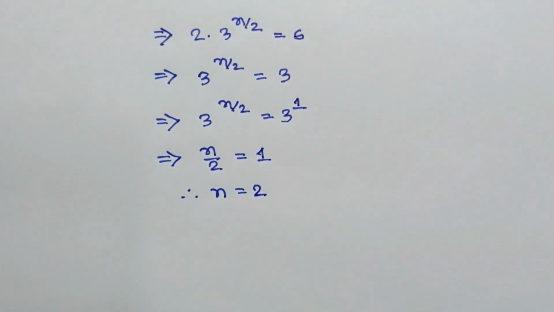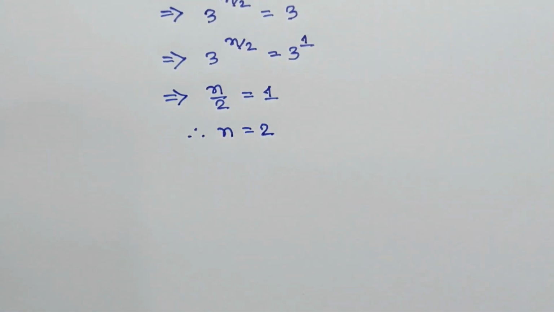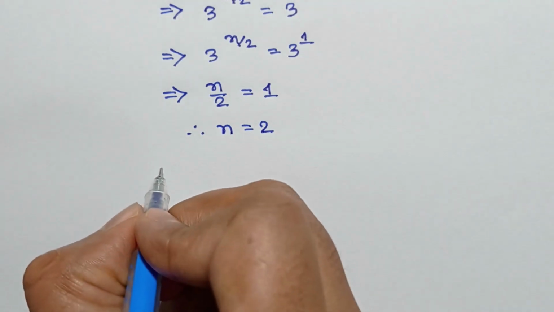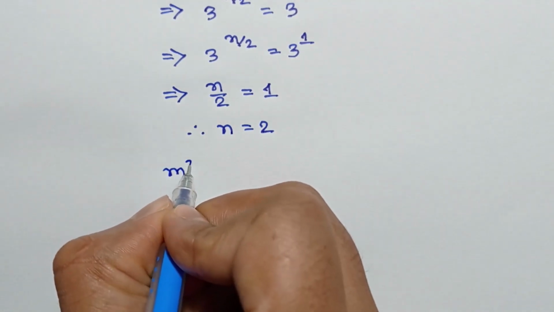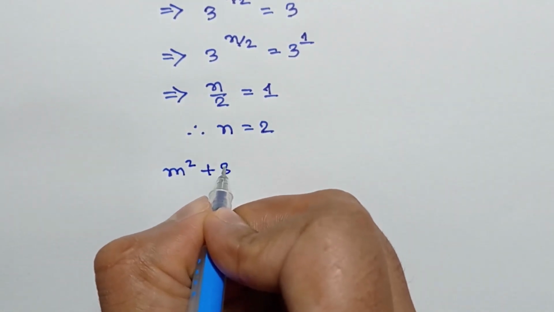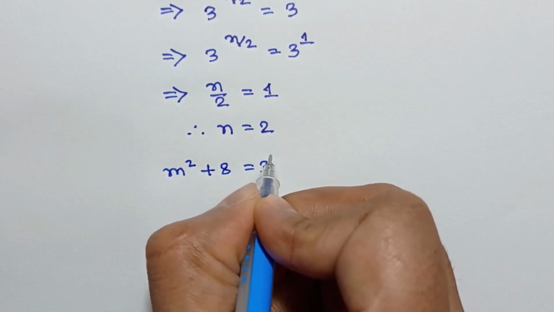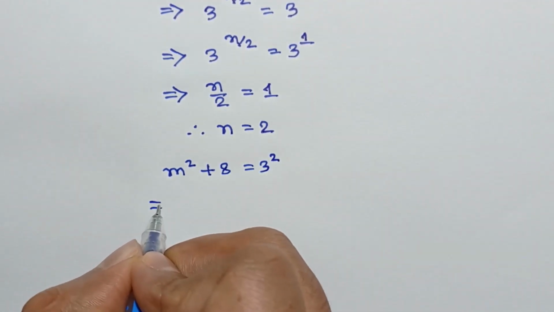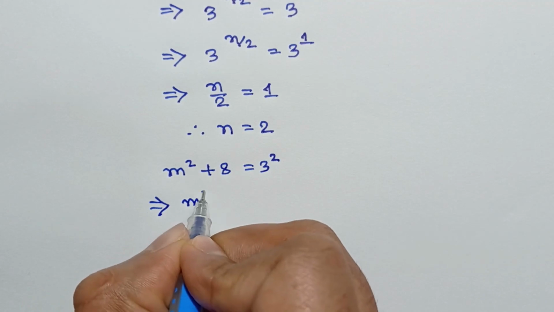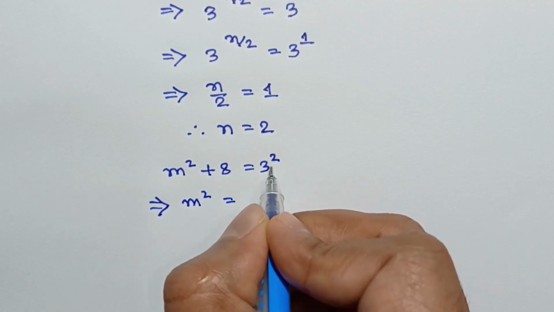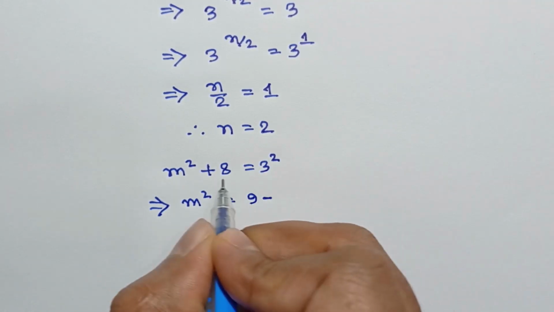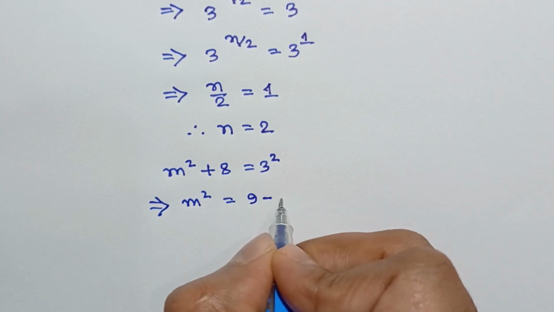Substituting the value of n in the main equation, we will get m square plus 8 is equal to 3 square. So m square is equal to 9 minus 8, taking this 8 to the right side.